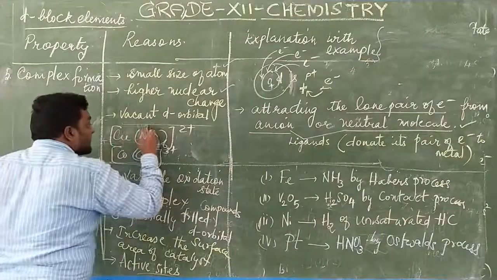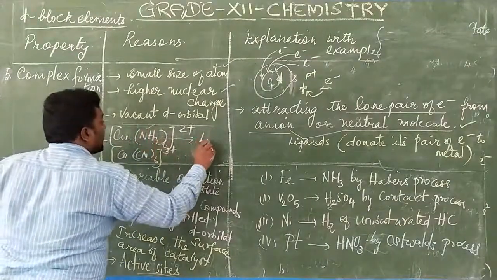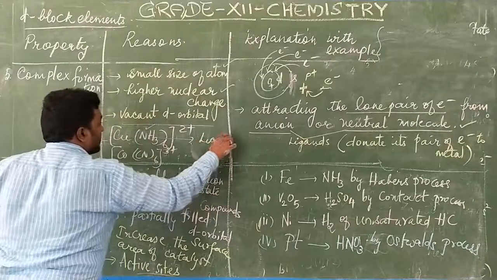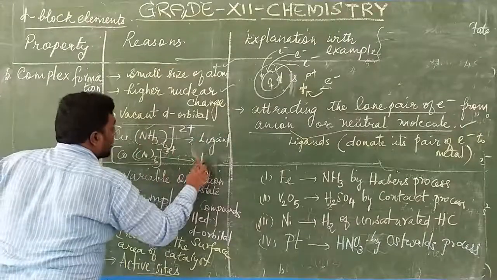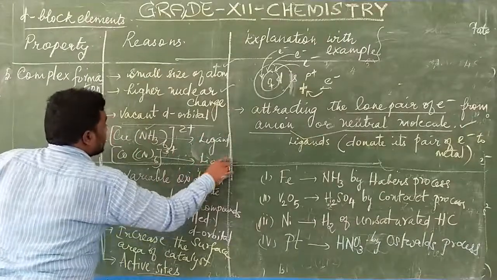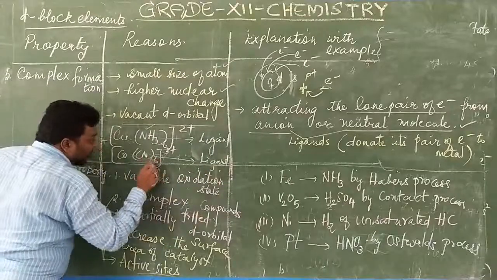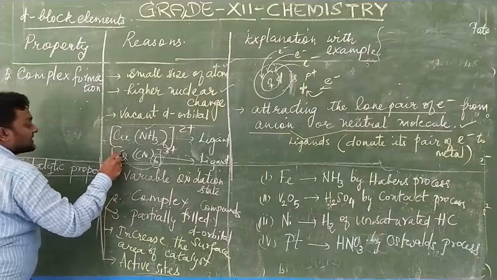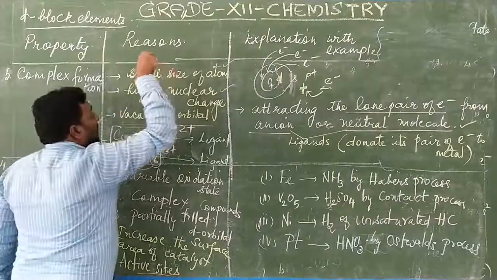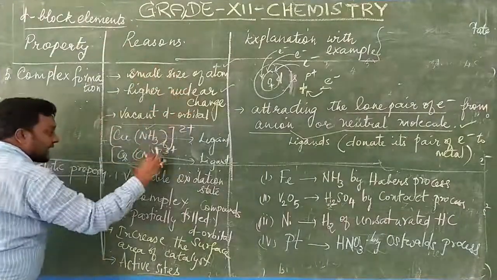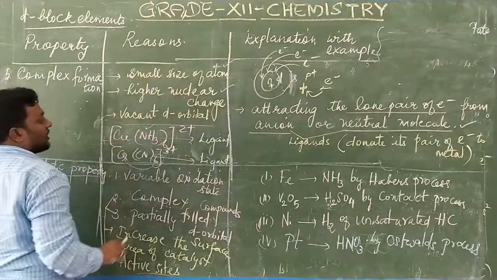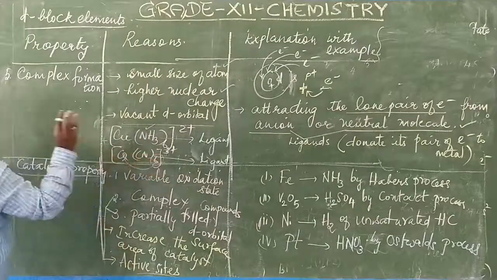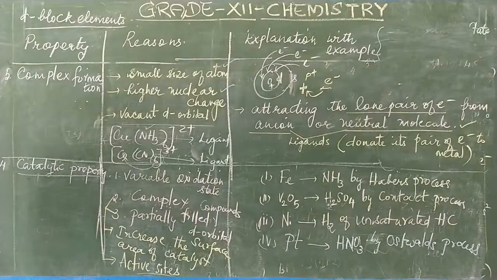This NH3 is a ligand. Ammine is a ligand, cyano negative is a ligand. So this ligand is giving away its electron pair to the central metal atom or ion. So how should the size be? It should be smaller, with higher nuclear charge, then only it can attract all the electrons, and it should have vacant d orbitals in order to accommodate those 6 electrons in its space. So this is called complex formation. The fifth point.